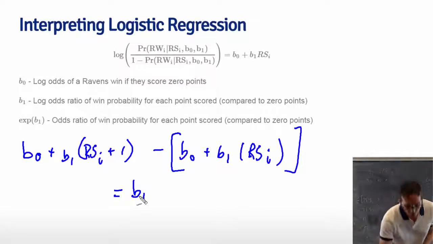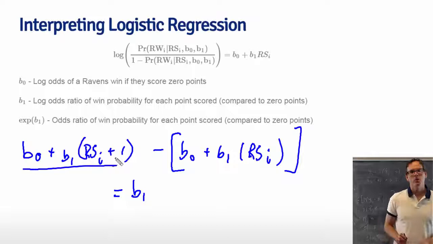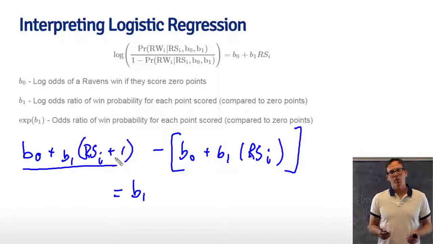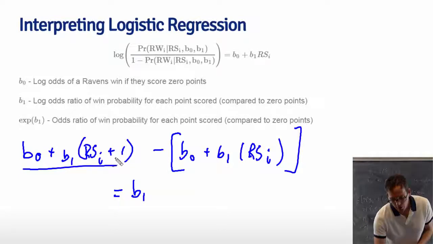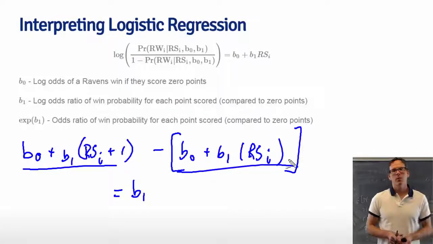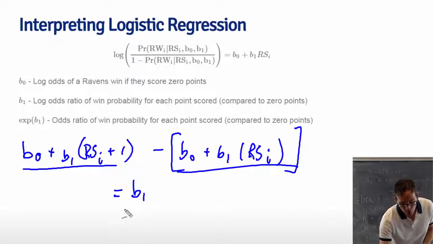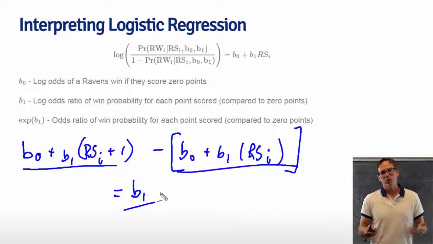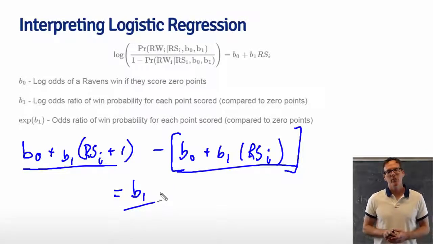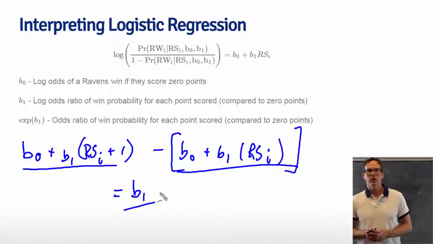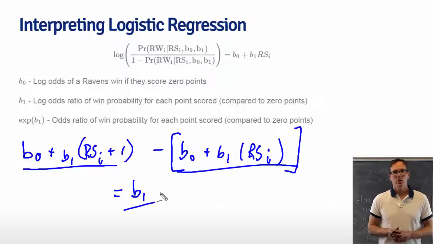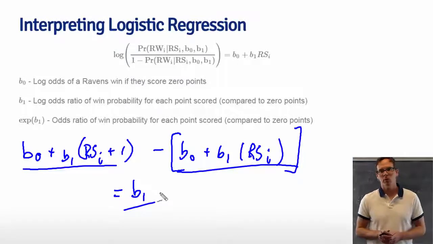So what is this? This is the logit of the probability that the Ravens win given the score plus 1, and this is the logit of the probability that the Ravens win given the score itself. So B1 is the increase or decrease, depending on whether it's positive or negative, in the log odds of the Ravens winning associated with a 1 unit increase in the regression variable, or in this case a 1 point increase in score.